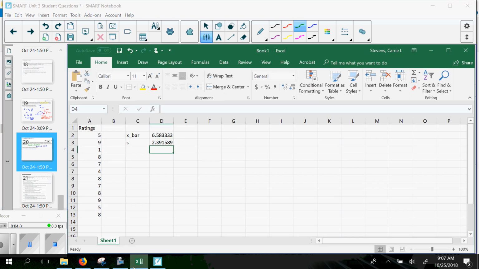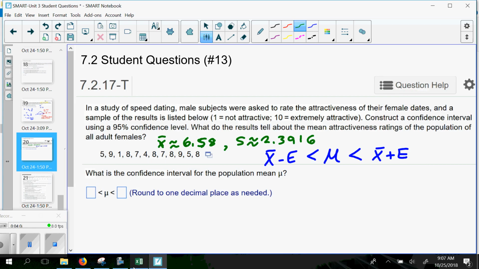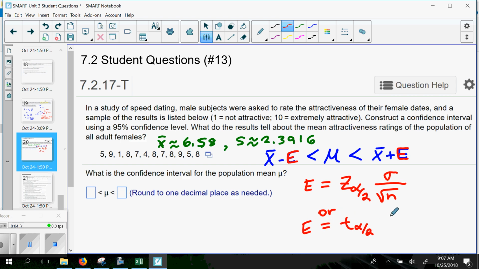Okay, now the formula that we need for E, our margin of error, which is the amount of wiggle room we're going to allow on each side of the point estimate, is either z alpha half times the standard deviation from the population divided by the square root of n, or it would be t alpha half times the standard error of the sample.